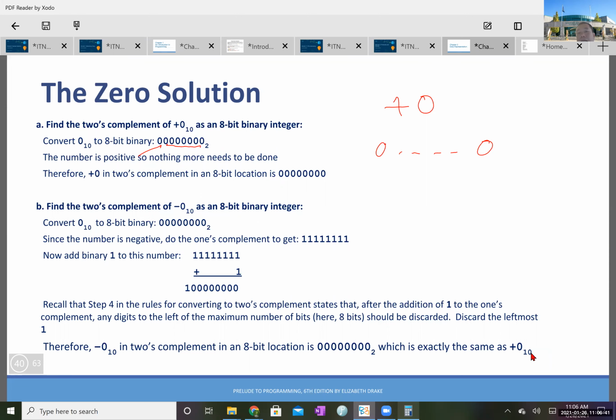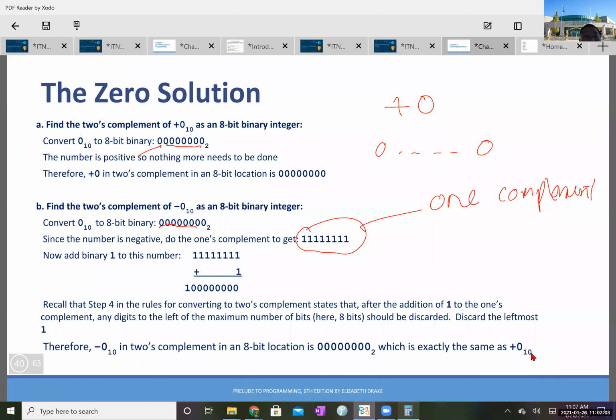Now for the negative 0, you have the 8-bit number 0, which is positive, so in order to do the complement, you convert everything to number 1. That's why this one is a 1's complement.